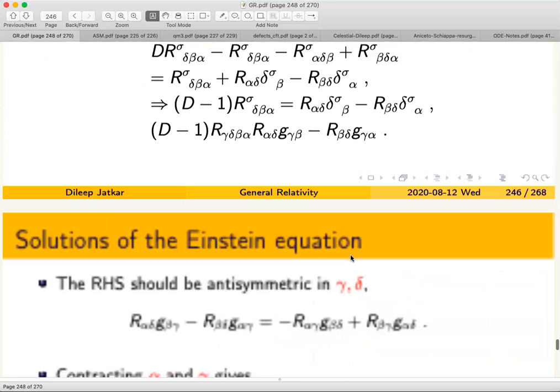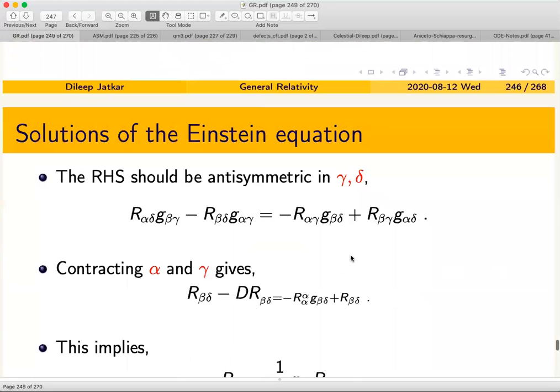That tells us we can write the right hand side in this particular form. This equation is just setting the symmetric part of the right hand side equal to 0, because it has to be only antisymmetric. Only the antisymmetric piece agrees with this thing.